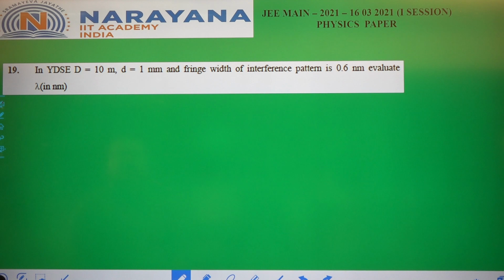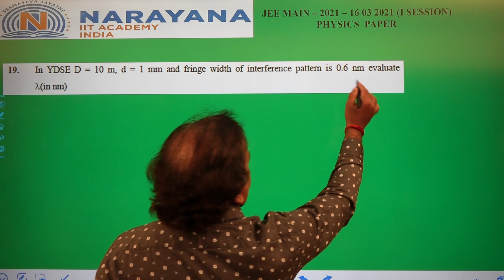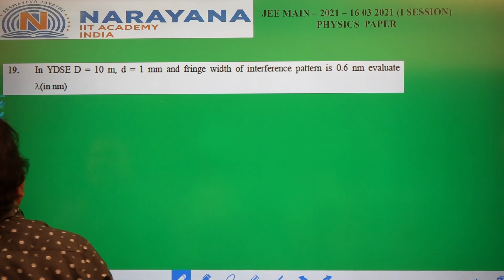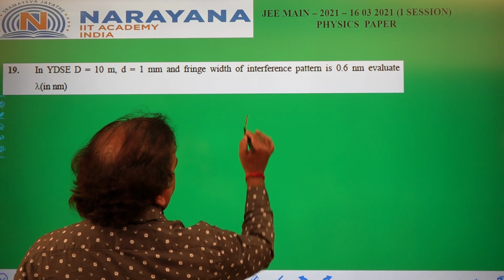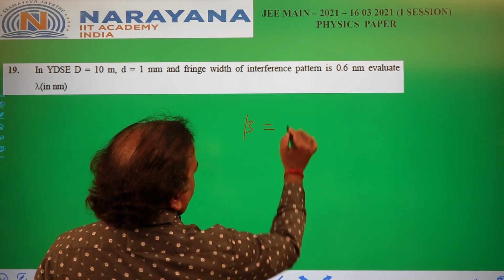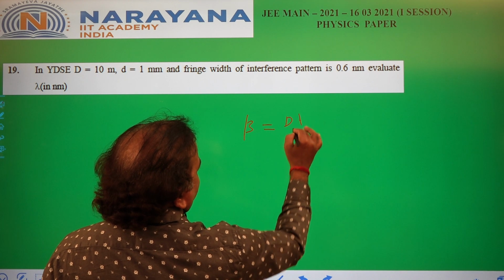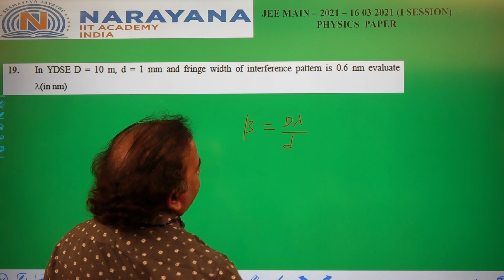In YDSE, capital D is 10 meters, the distance between the screen and the slits. Separation of the slits is 1 mm, and the fringe width of the interference pattern is 0.6 mm. Evaluate lambda in nanometers. So what is beta? Fringe width beta is equal to capital D lambda by small d.